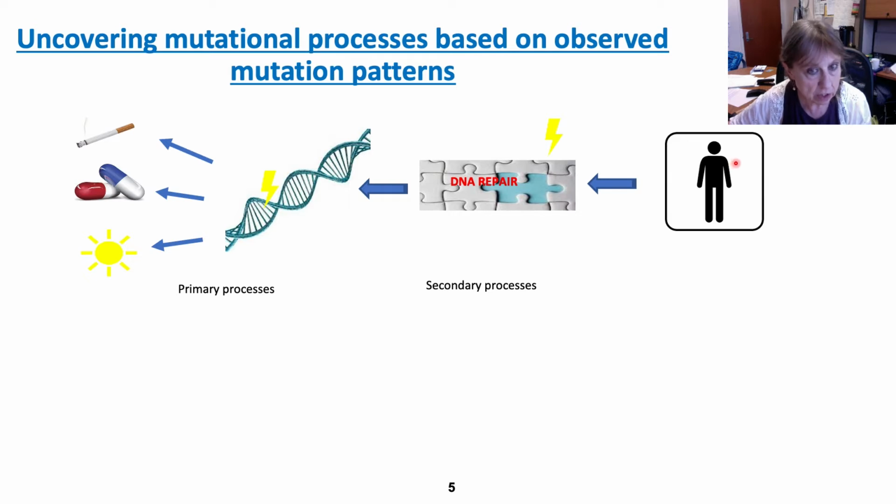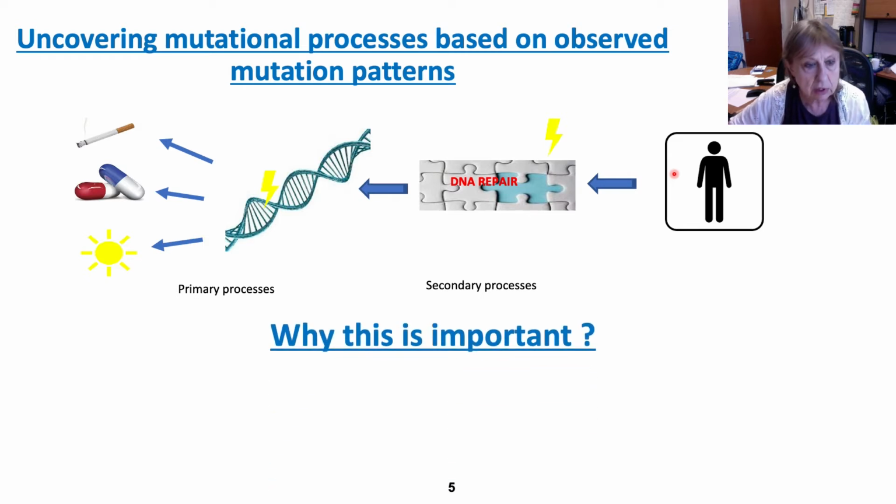So many factors can contribute to the mutational landscape of an individual cancer patient. And the question is, given a sequenced genome, can we go back and decipher which mutagenic factors contributed to the mutations in this particular genome?